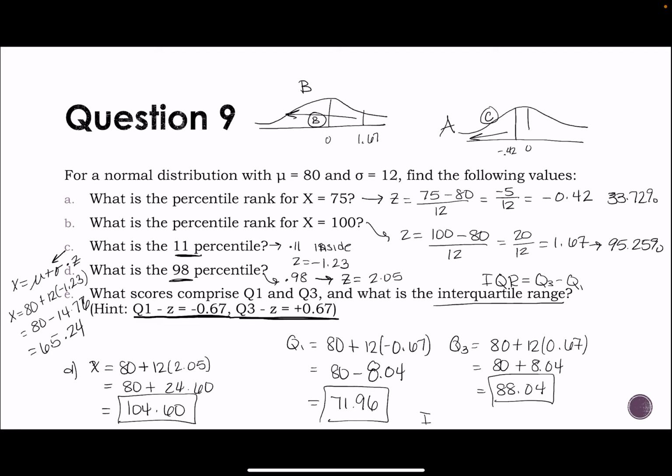So for IQR, we do 88.04 minus 71.96, and that is going to give us 16.08.